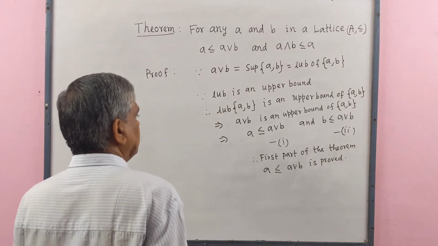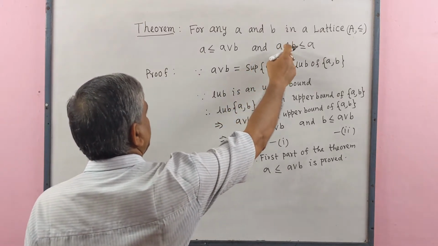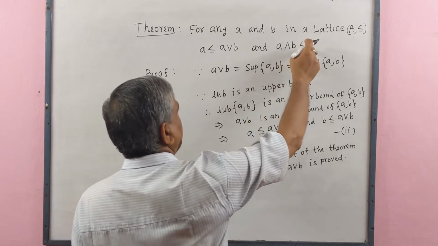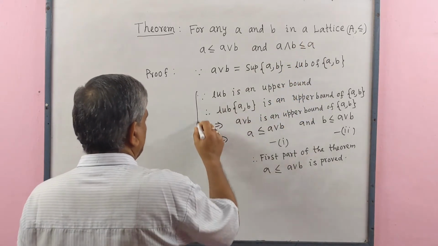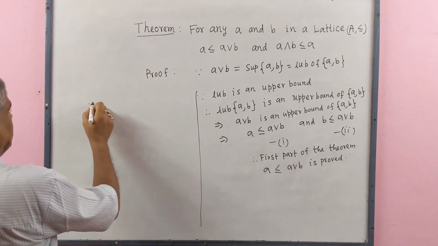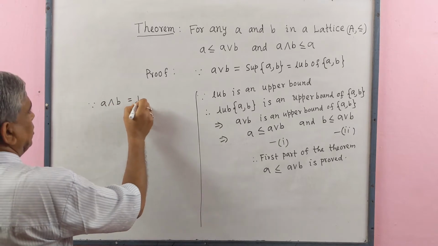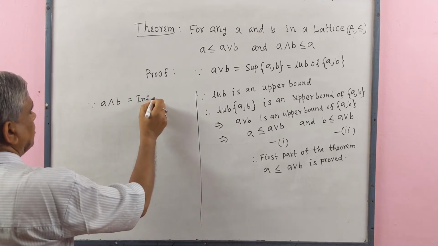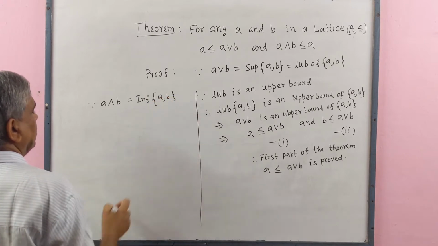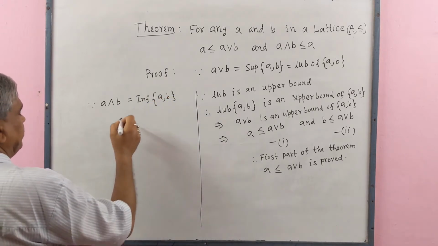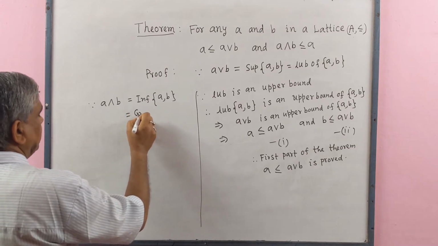Now we will prove the next part. A meet B related to A. Since A meet B equal to infimum of AB. Infimum means greatest lower bound.